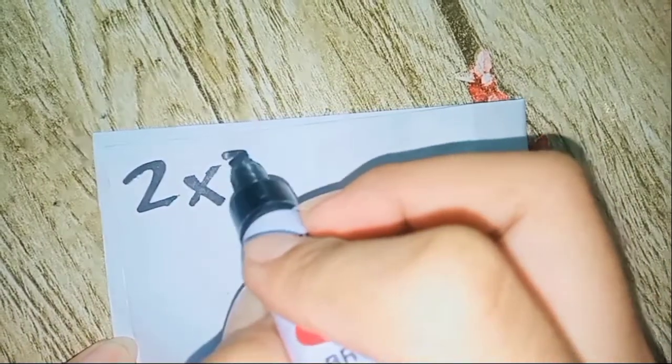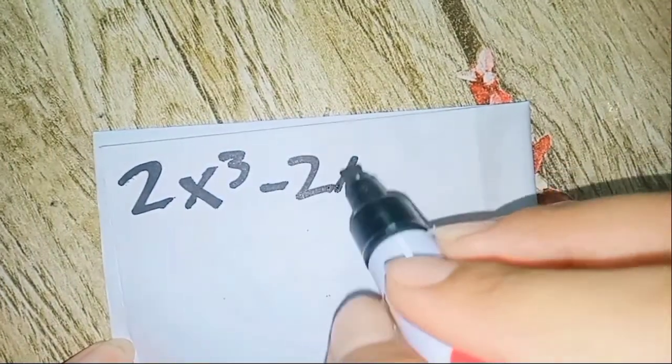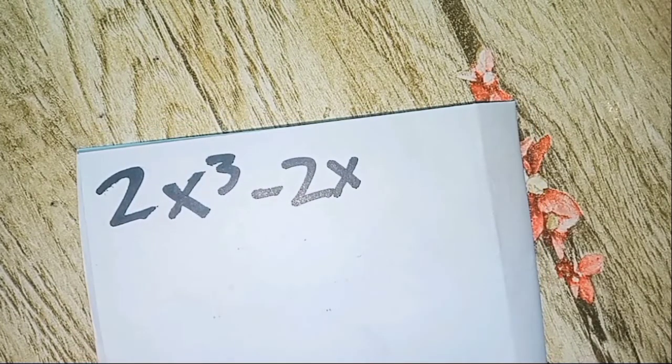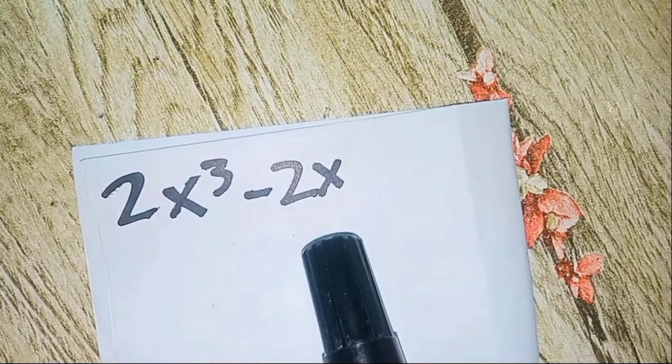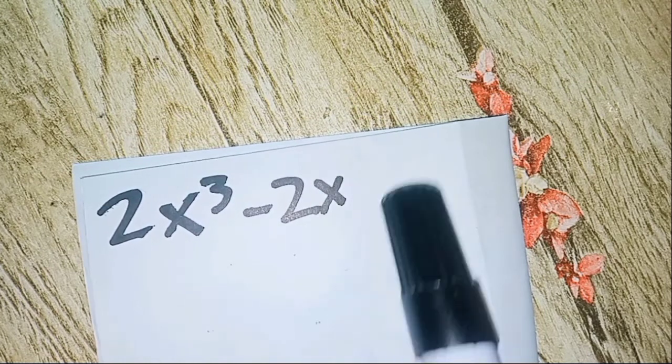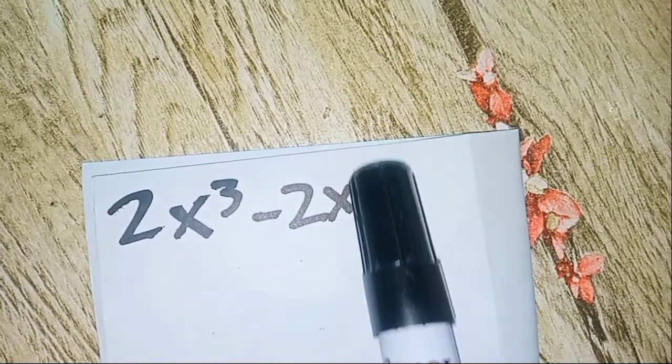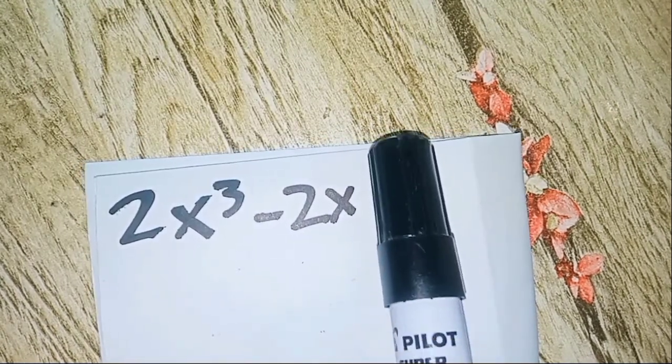Pangalawa, the variable has no fractional exponent. For example, 2x cubed minus 2x. Laging nating tandaan na kapag walang kasamang exponent si variable, laging may naka-raise na 1 sa kanya.